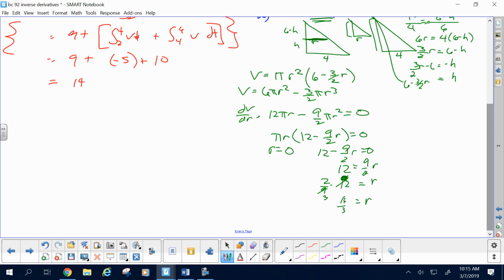What? Oh, 4 times? So 8/3, yeah? Thank you. That's good critical thinking, Kylie. All right. So if r is 8/3, then height is 6 minus 3 halves of 8/3, which means the height is 2.